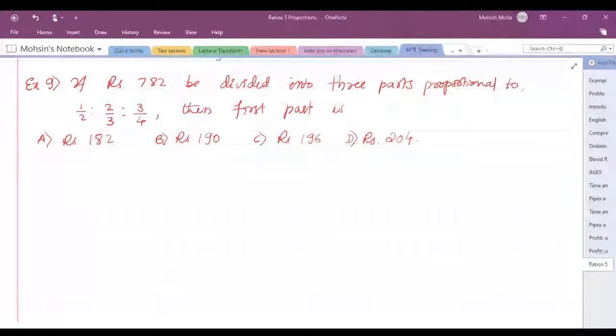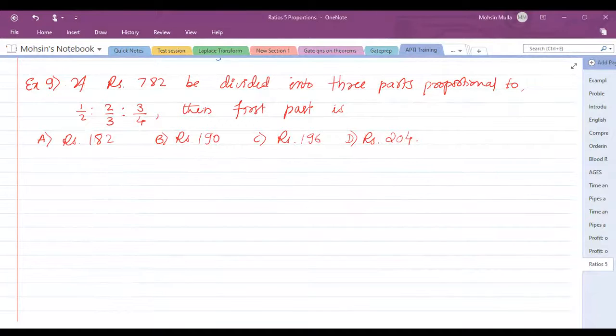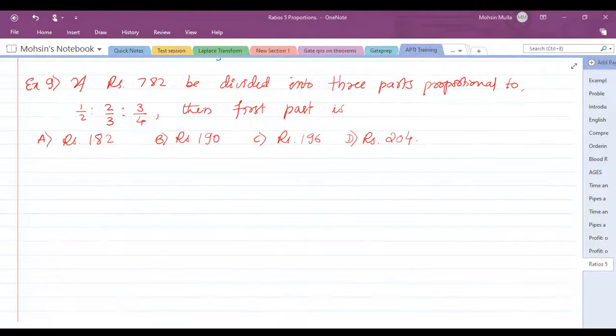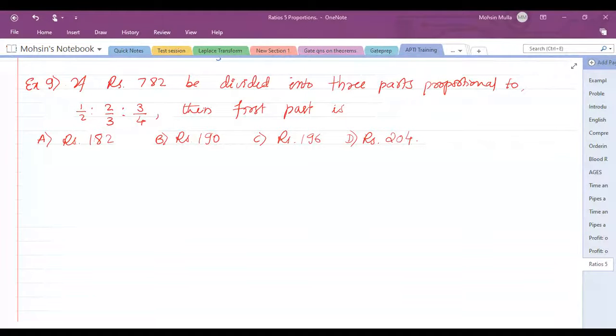Okay, something you have done. One second. 23 by 12 is the total number of ratios, the total number of shares.